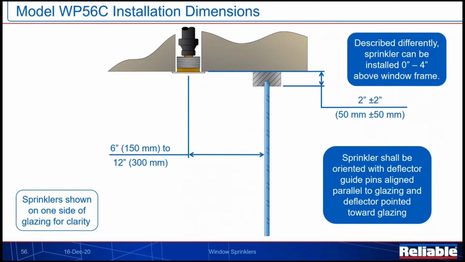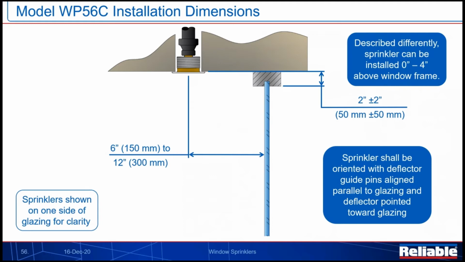Let's just think about this for a second on how it compares to our other window sprinkler product. We installed that product 4 inches away from the glazing as a minimum, and we also installed it 2 to 4 inches down. In this instance, we're now installing this product a little bit further back and then definitely way higher than it was before because we're flush with the frame or all the way 4 inches above the frame.